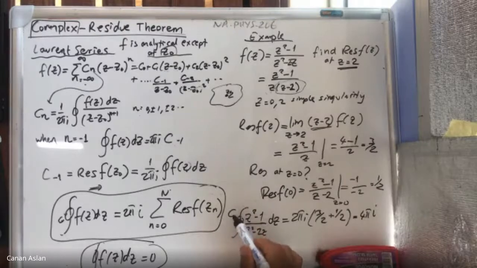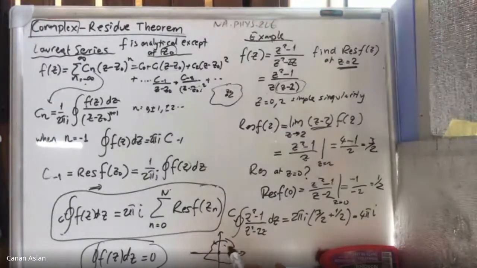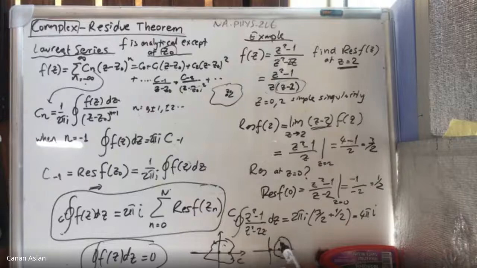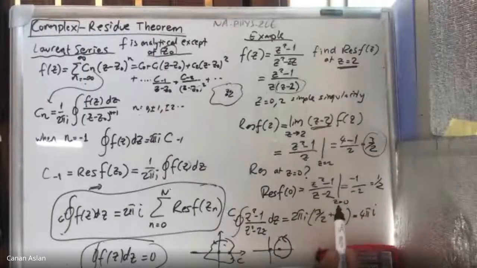As for this curve C, z = 0 is in the middle and z = 2 is on the real axis. C is any curve which contains these two singularities. If this curve did not include both singularities, and included only the one at z = 2, then the total residue would be just 3/2 instead of the sum of the two.